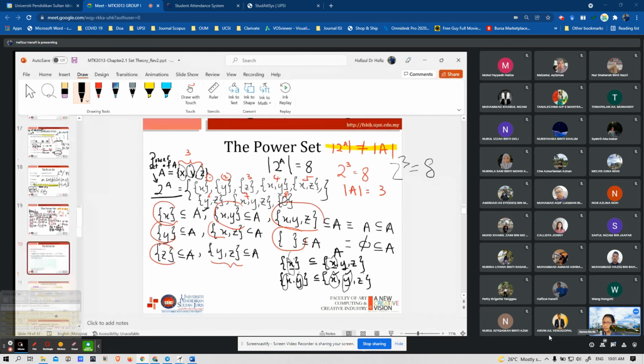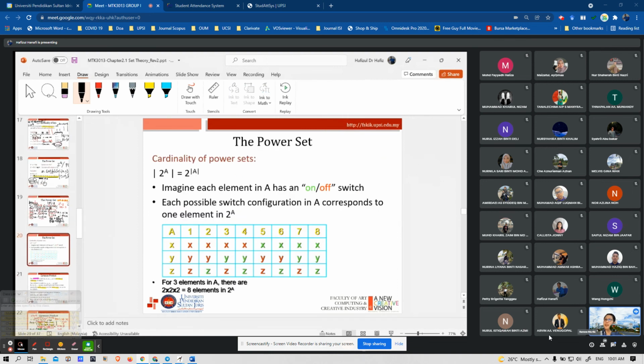Okay, the cardinality of the power set. Imagine that each element of A is an on-off switch.